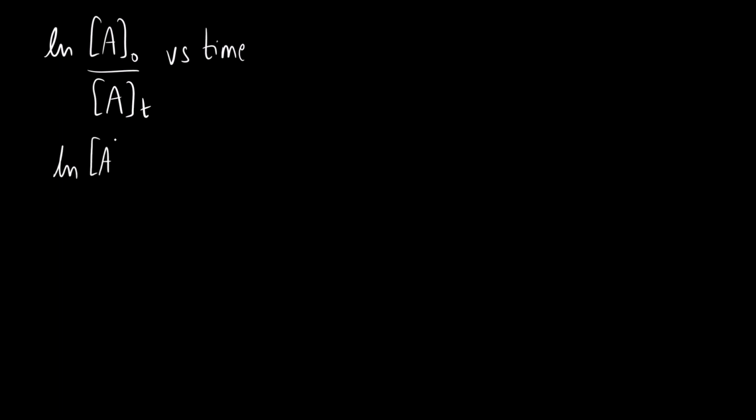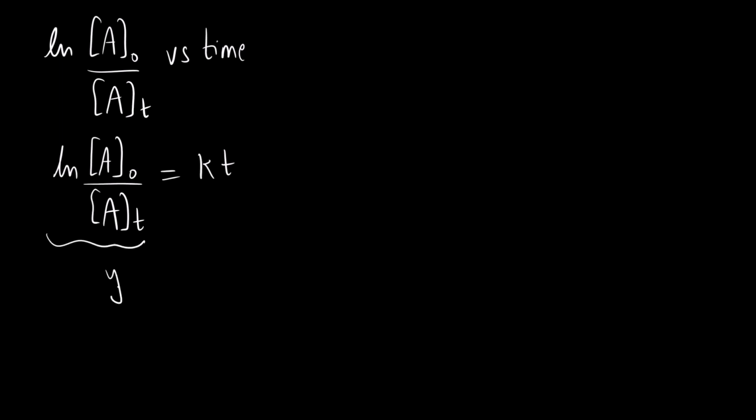First, I can plot ln of A0 by At versus time. We have seen the relation just now: ln of A0 by At is equal to Kt. So we are plotting this.